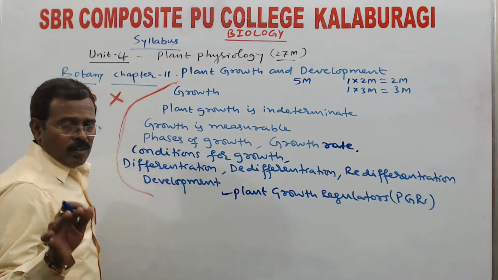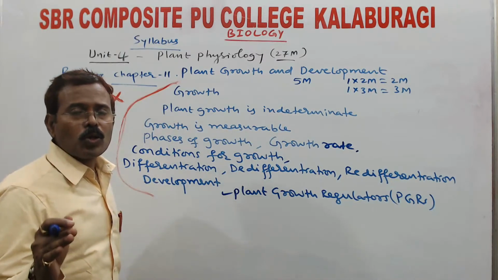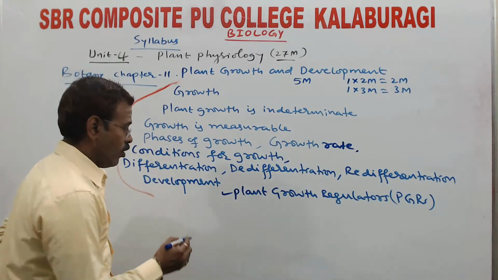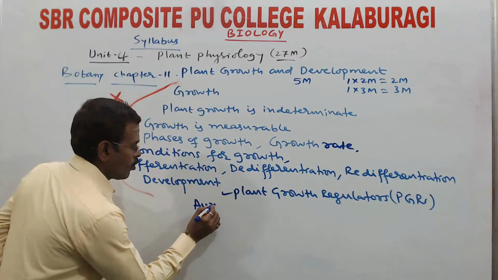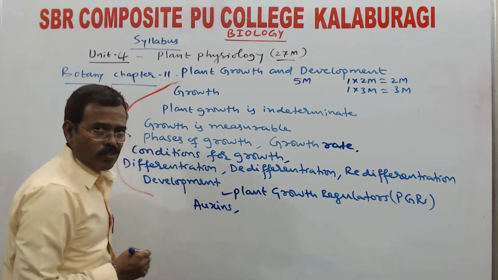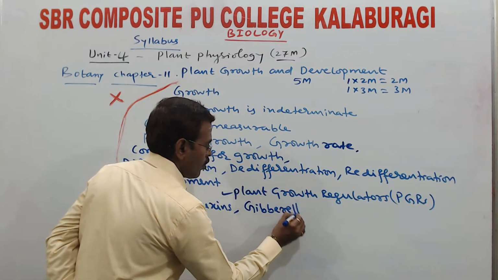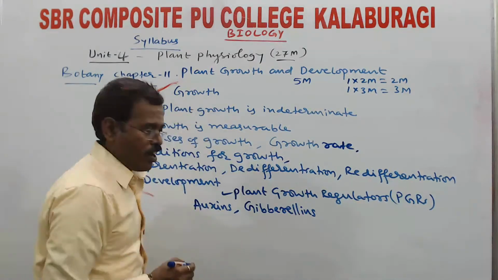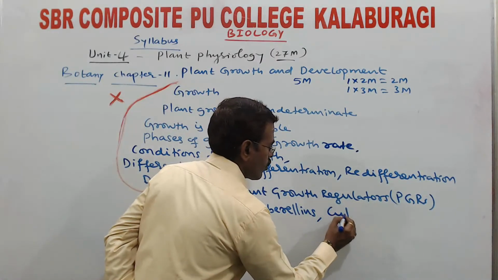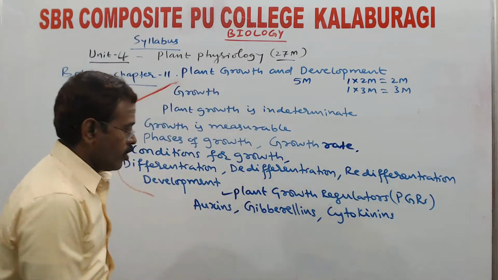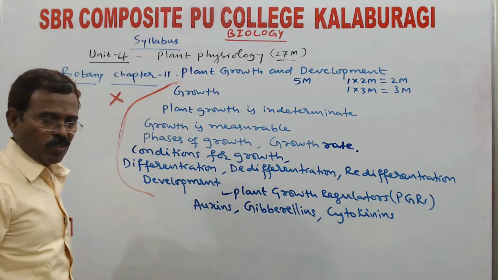So here, 3 plant growth promoters are there. Plant growth promoters, they have a stimulatory effect: auxins, gibberellins, cytokinins. These are growth promoters, usually what we say.